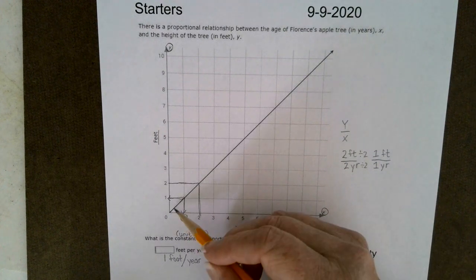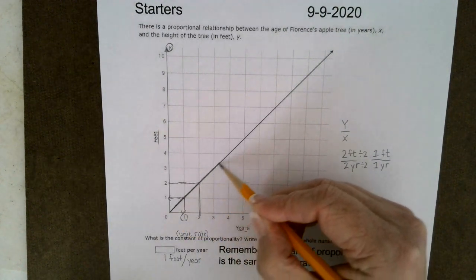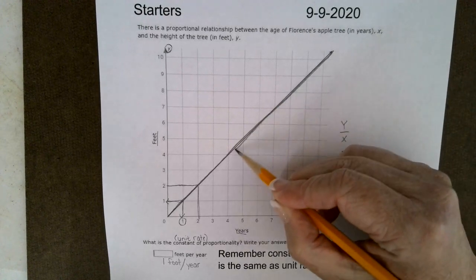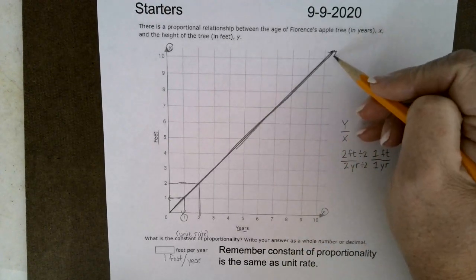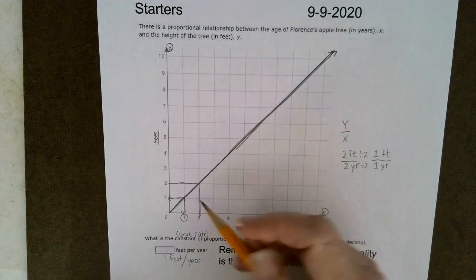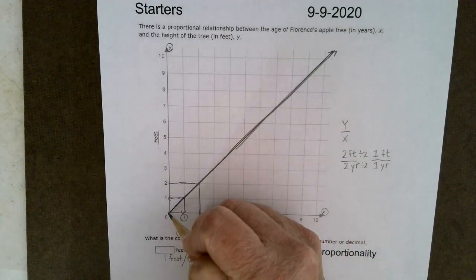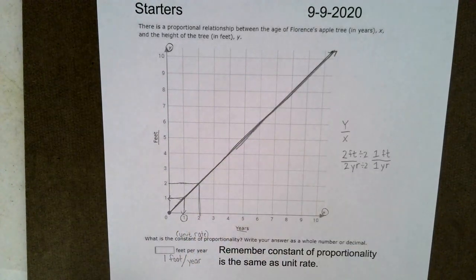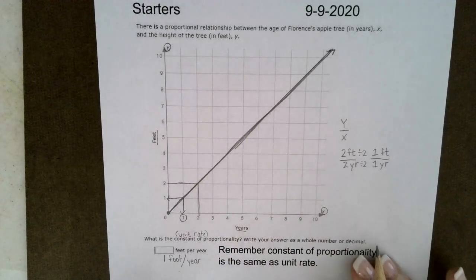And anywhere that's on this line is going to have that same constant of proportionality or the same unit rate because it's on that line. And remember that if it's a proportional relationship, it's always going to start at that 0, 0. It's going to pass through the origin. So 1 foot per year is our constant of proportionality or our unit rate.